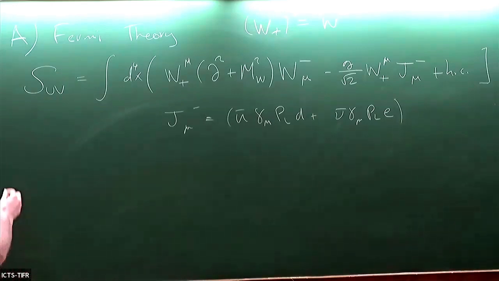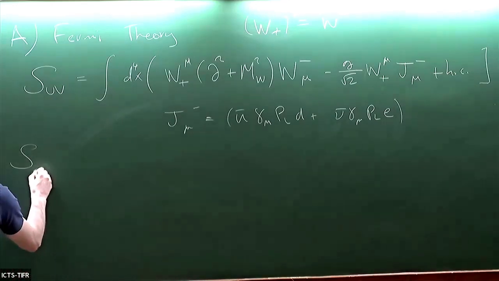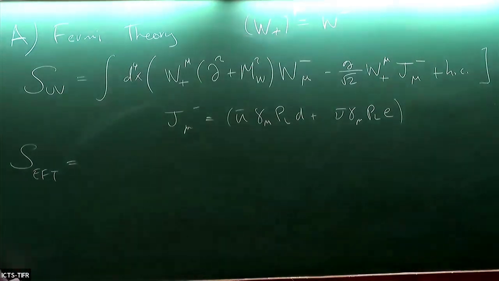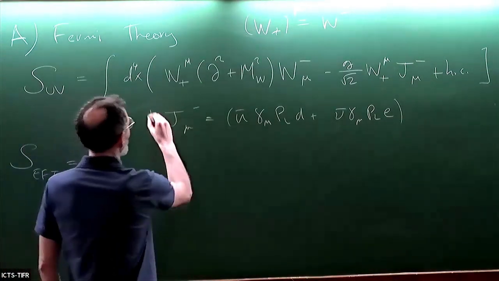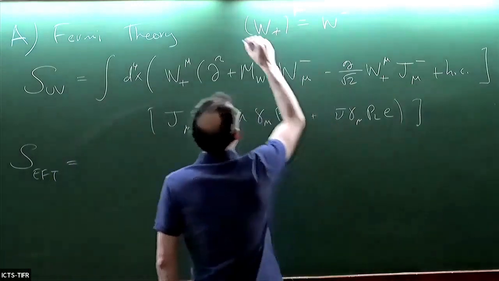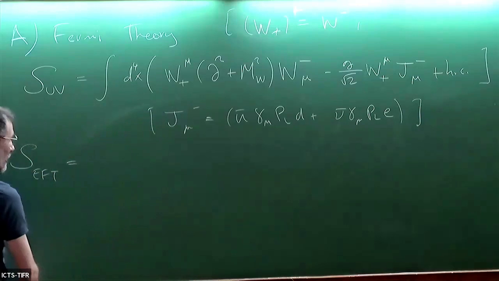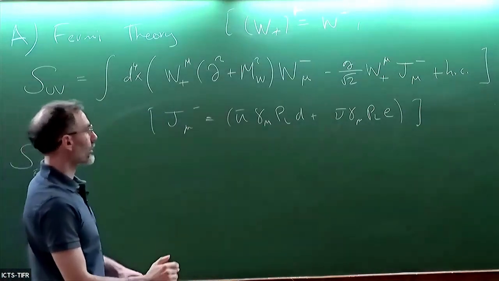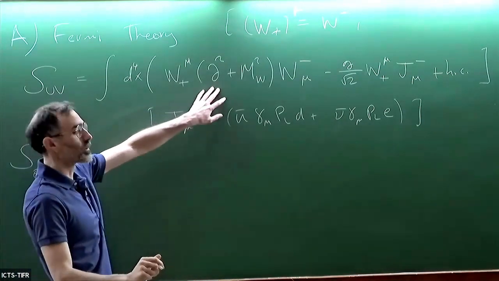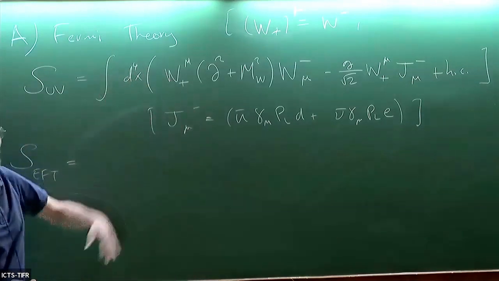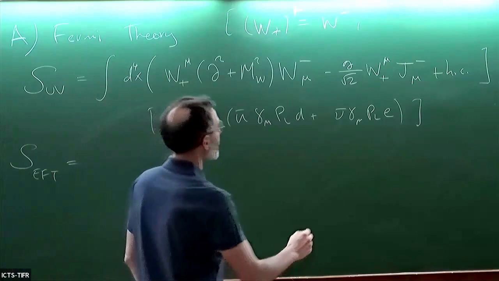Whereas the action for the EFT, what we see at low energies, and something else for me to say, sorry, is that in this instance, because we're not interested in electromagnetism, but in fact, you should promote this partial derivative to a covariant derivative because the W is charged under electromagnetic interactions, but it's not relevant for us.